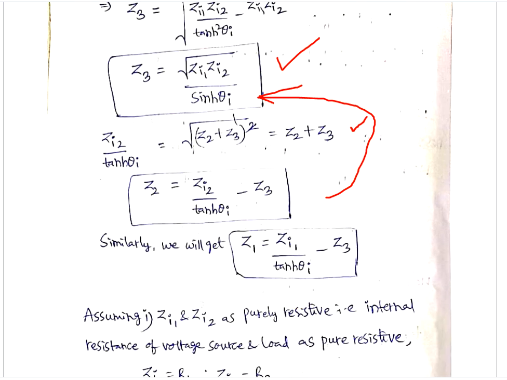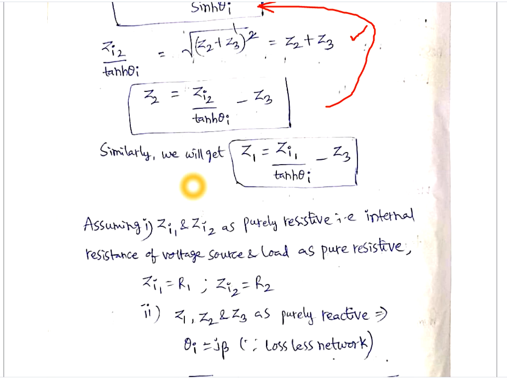Fine. Similarly we can also get Z1. That means these are the design equations for maximum power transfer, right? This is Z1, this is Z2, and this is Z3.